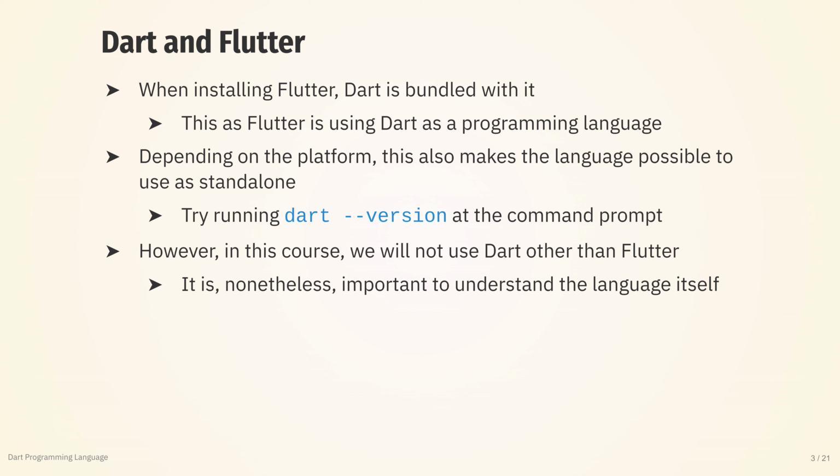And depending on how you install it and on what platform, it's possible that you get it standalone as well. You can try that in a command prompt or a terminal by running dart --version. If you get something stating a version of Dart, then you have Dart installed as something that you can use for free as well.